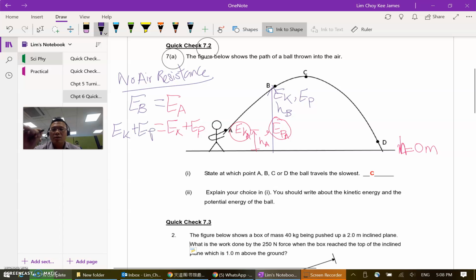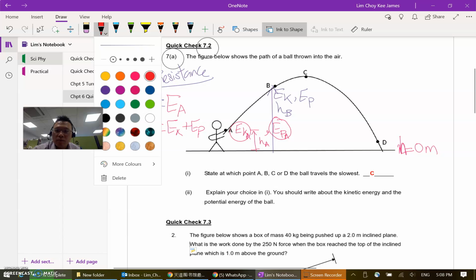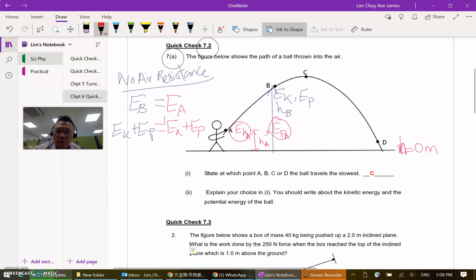The total, or the sum of energy, at B and the total energy at A is actually the same. This is what we mean by conservation of energy. The total amount here is the same. So what is the difference between these two sections is the quantity.